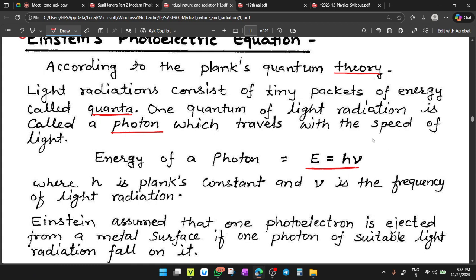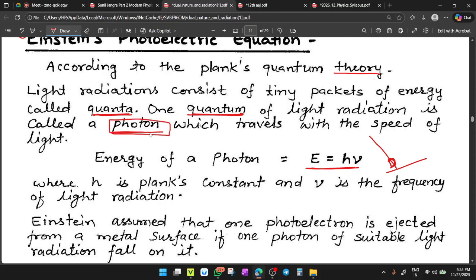So light comes in the form of photons, and one packet of energy is called a quantum.